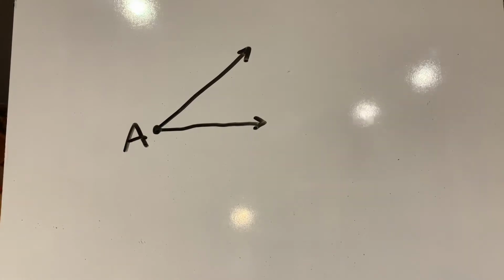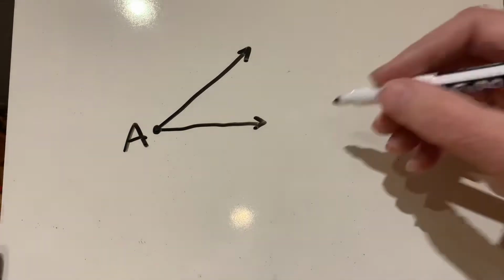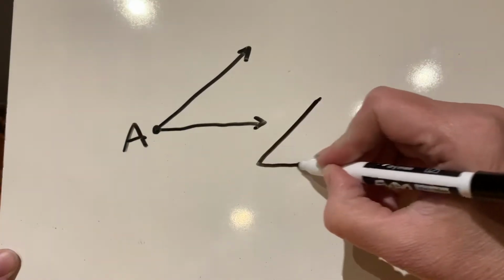An angle may also be named by the letter which identifies its vertex. We may also name an angle with 3 letters that identify a point on one side of the angle, the vertex of the angle, and a point on the other side of the angle, as would be this angle.